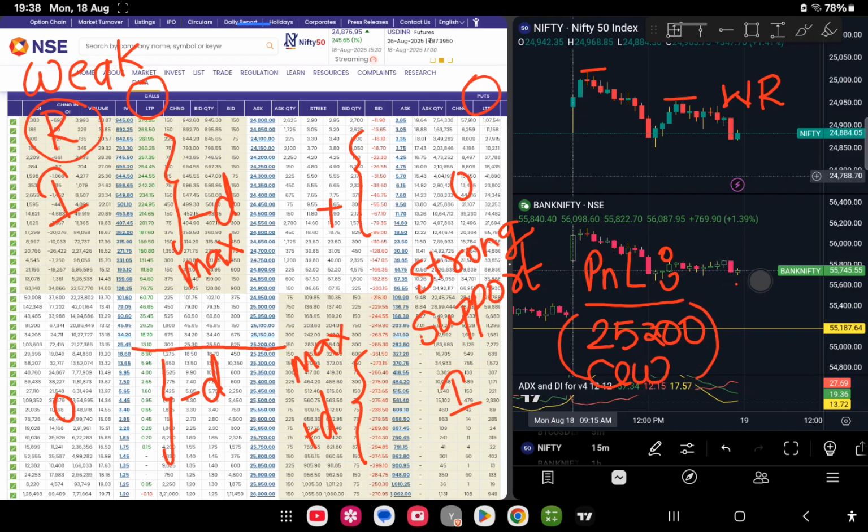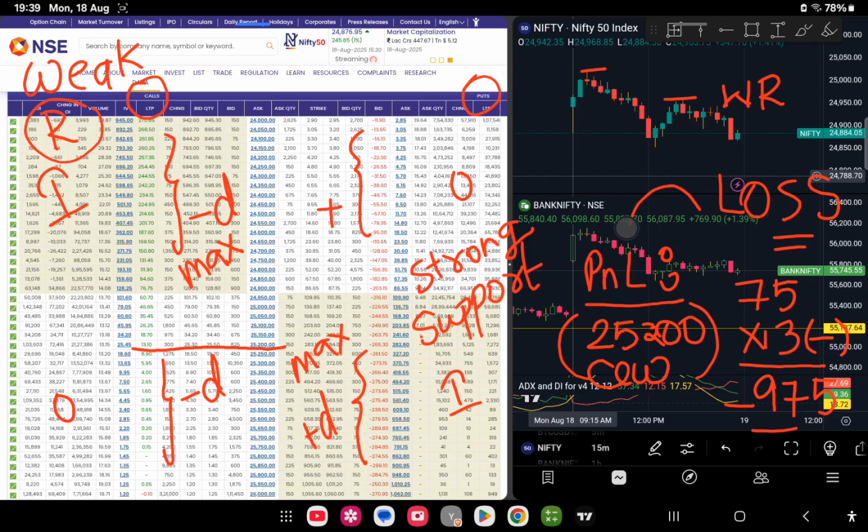If you calculate the P&L, 75 is the lot size, multiplied by 13, it's a negative decay. So if you do that you will get a decay of minus 975. So this is kind of a loss-making day for this particular strike. Okay, so we'll move on.